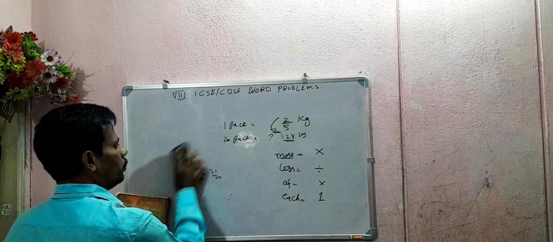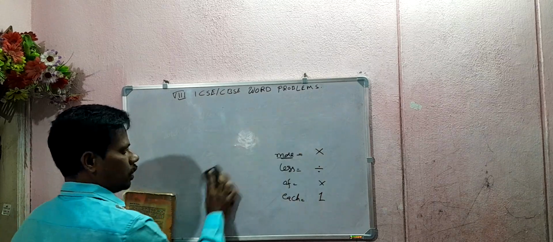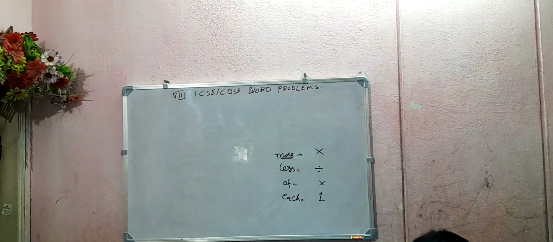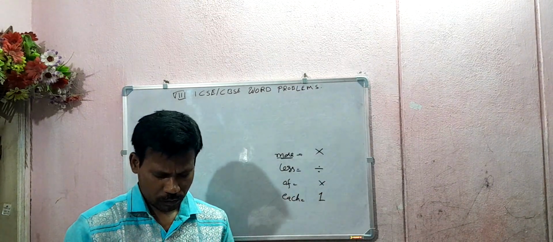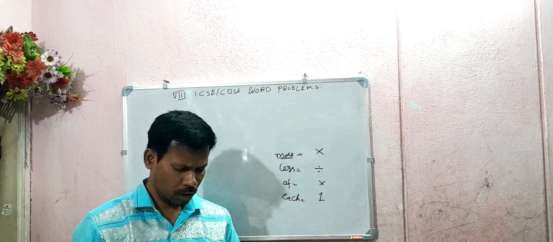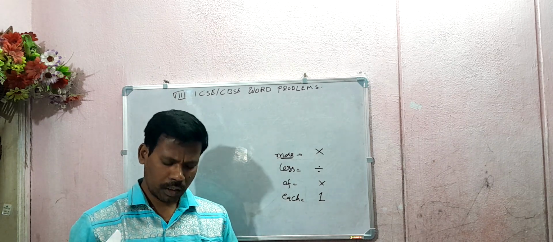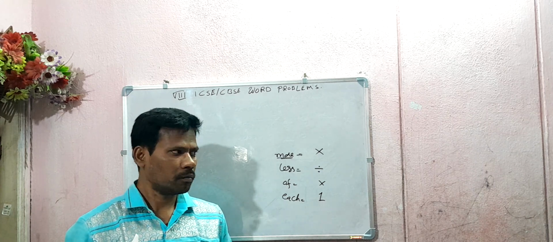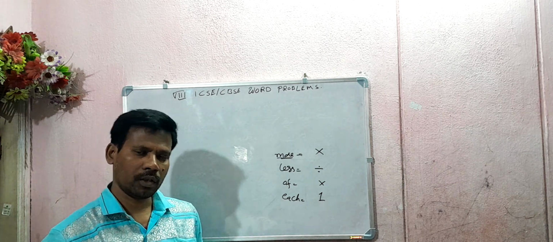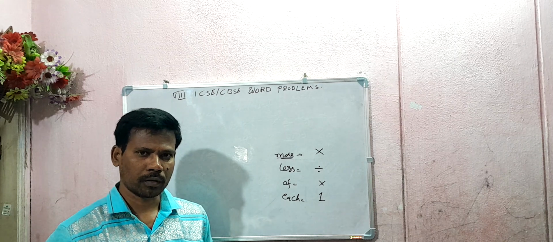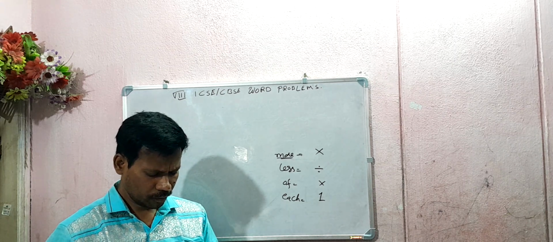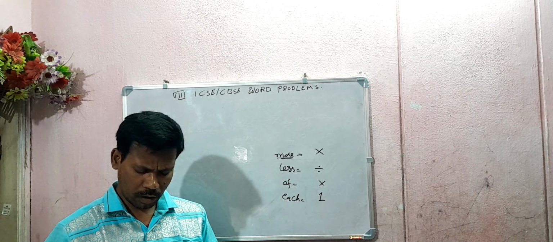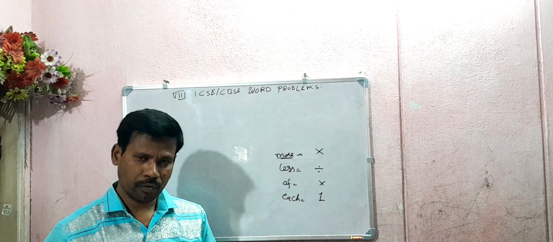Next, another problem. I will be doing different models. If you are perfect with this, then I think you can do any of the problems from different textbooks. A running track is 13 by 8 kilometers. How far will you cover if you run 4 times?